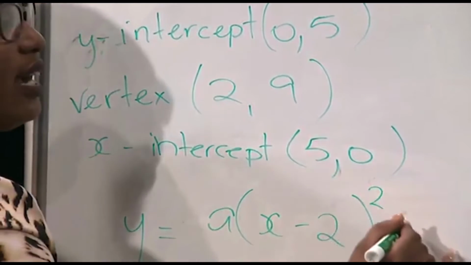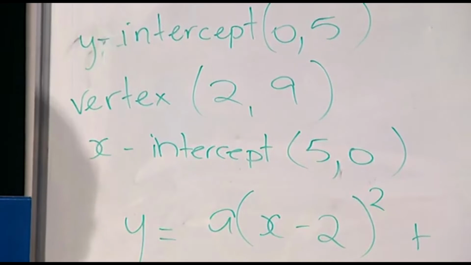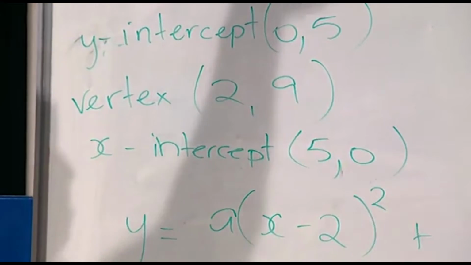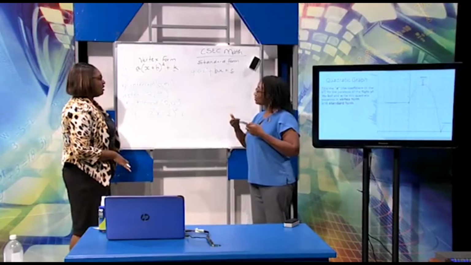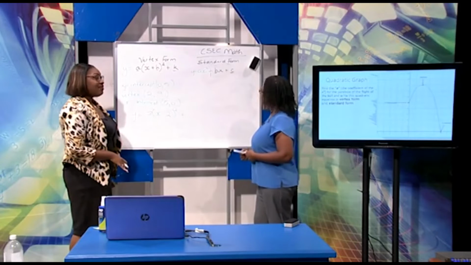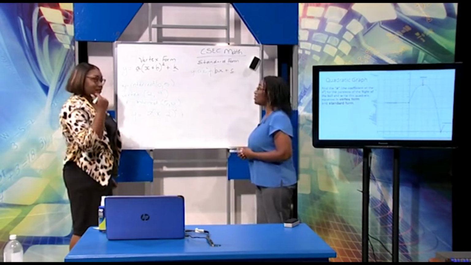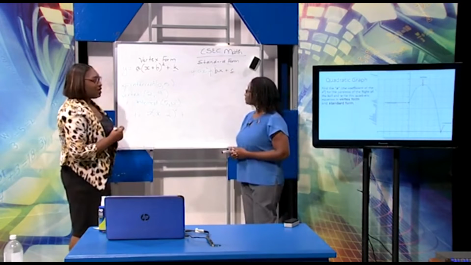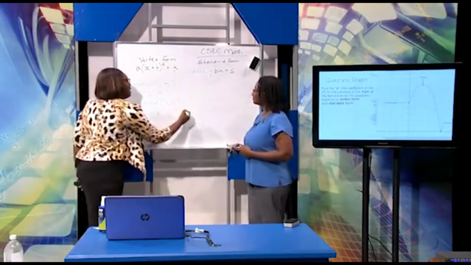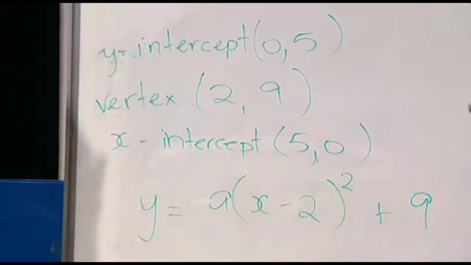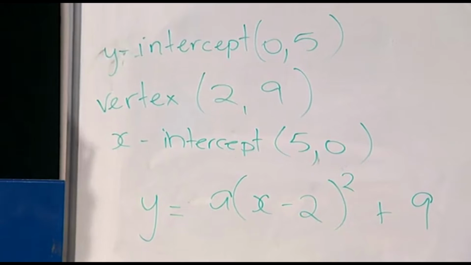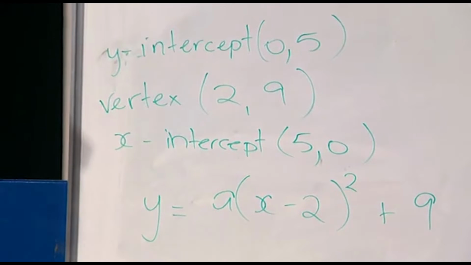And our K, in this case, is our graph up or downwards? Where is our graph positioned? It's up because it's above my x-axis. So we have an absolute maximum, and K in this case is going to be 9. So our ball in flight at its maximum was at 9 meters.